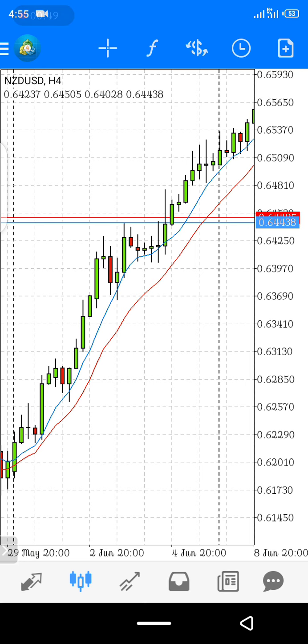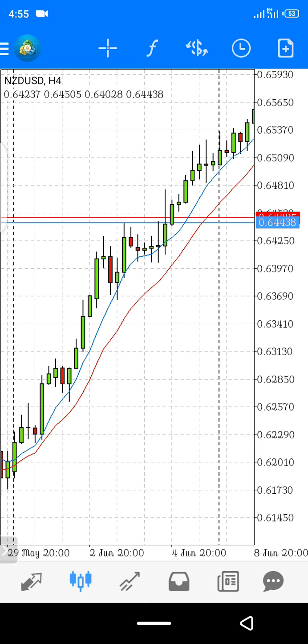A moving average is simply a calculation, like in our secondary school, a calculation of an average, where you add up a series of numbers and divide them by their total number. Now, a moving average is a calculation that takes the arithmetic mean of a given set of prices over a specific period of time.